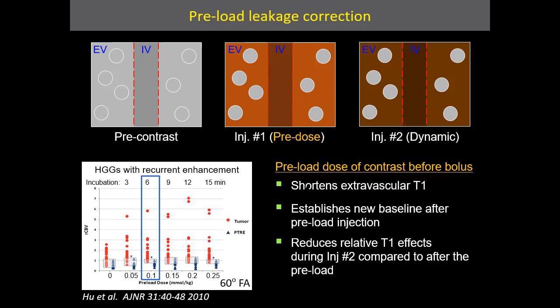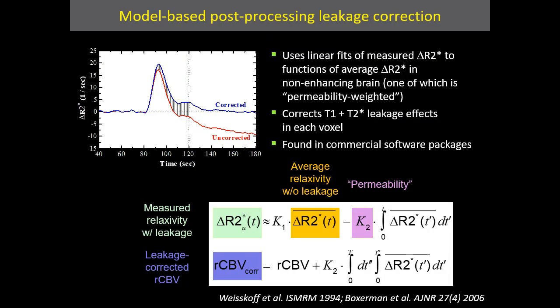And Leland Hu determined that a preload administration of 0.1 millimole per kilogram given 6 minutes prior to the dynamic bolus maximizes CBV differences between tumor and post-treatment related enhancement in high-grade gliomas with recurrent enhancement. And so this preload dosing protocol has been adopted by multiple local sites as well as some clinical trials.